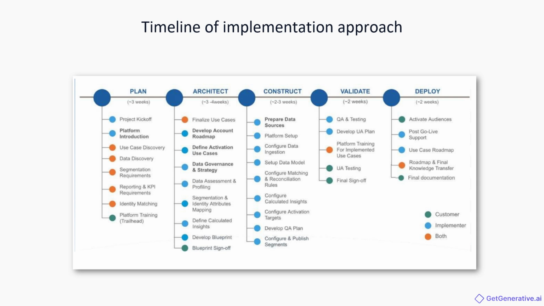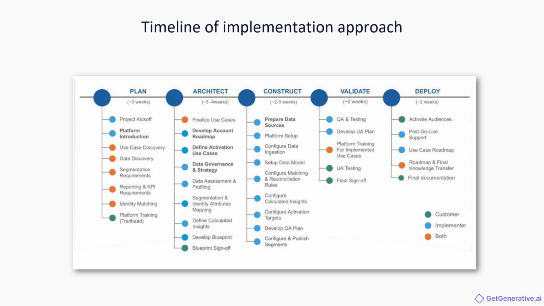A sign off can be functional or technical depending on your customer and the team that they have. If the customer does not have any technical team, it's usually a functional sign-off for the use cases, the data sources, the attribute mapping, etc. If you have a technical team, then this can be a more technical-driven discussion as well, where you get a functional sign-off as well as a technical sign-off.